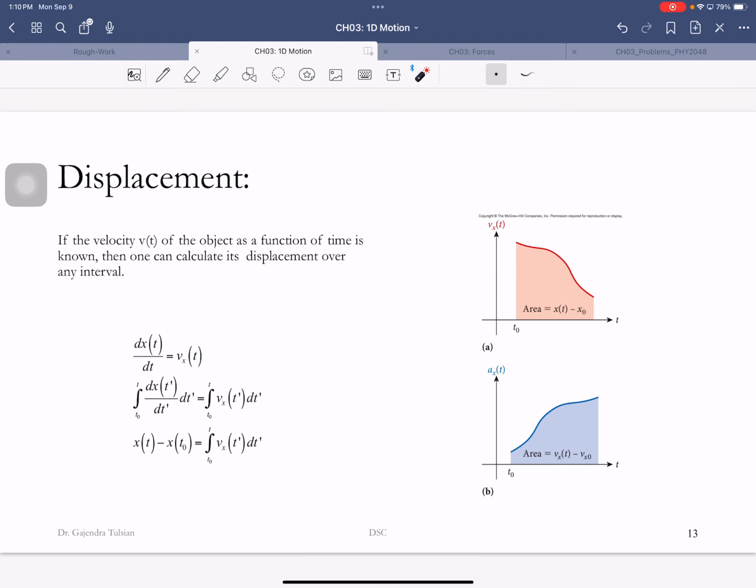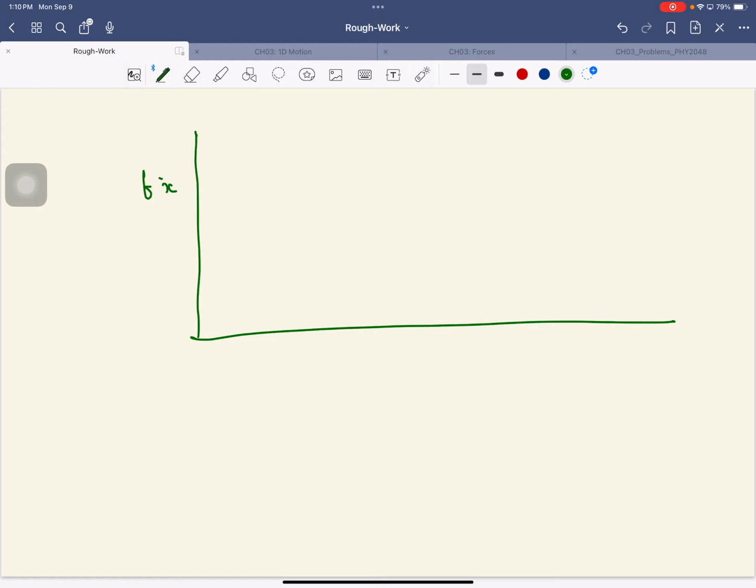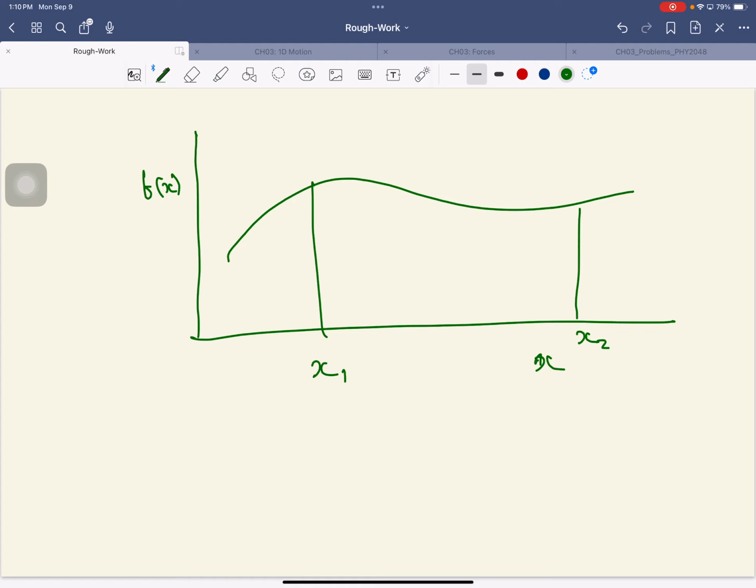And also, you guys remember, for a one variable function, this integral had a geometric interpretation that was equal to the area under that curve.